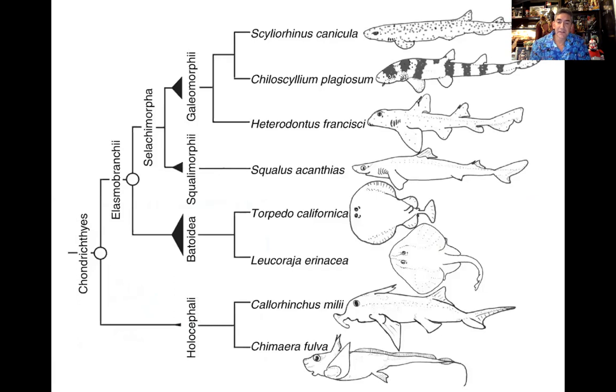So again, just want to emphasize this major distinction, right? So we have the entire group, the Chondrichthyes, and then we have this branch that we call the Holocephali, and then we have the majority of the other groups, the Elasmobranchii. So Elasmobranchii with that very flexible, loose jaw, the Holocephali with that fused jaw.